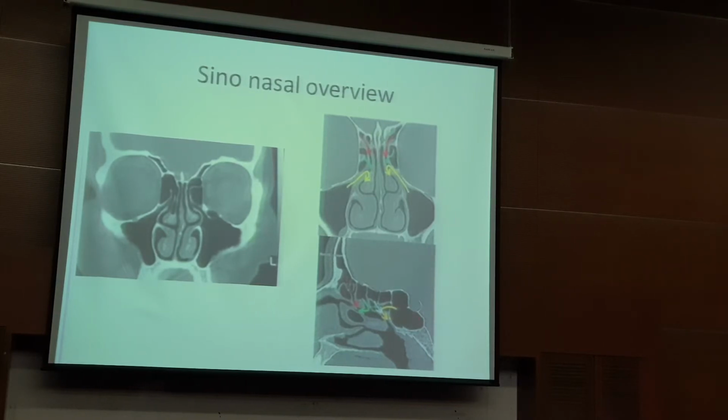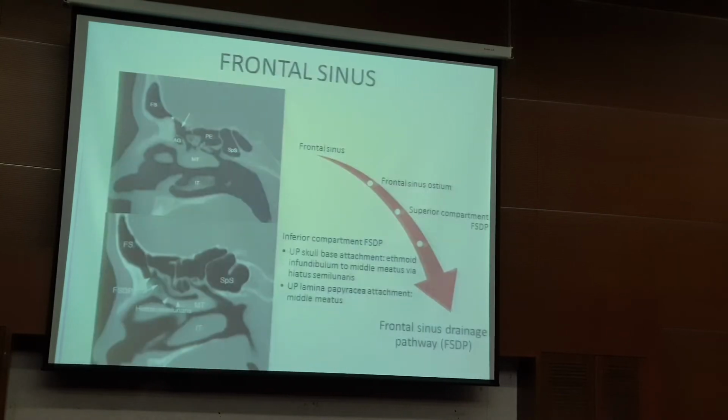What about the posterior ethmoid? They drain into the superior meatus, and the sphenoid sinus drains into the sphenoethmoidal recess, which then drains into the superior meatus.